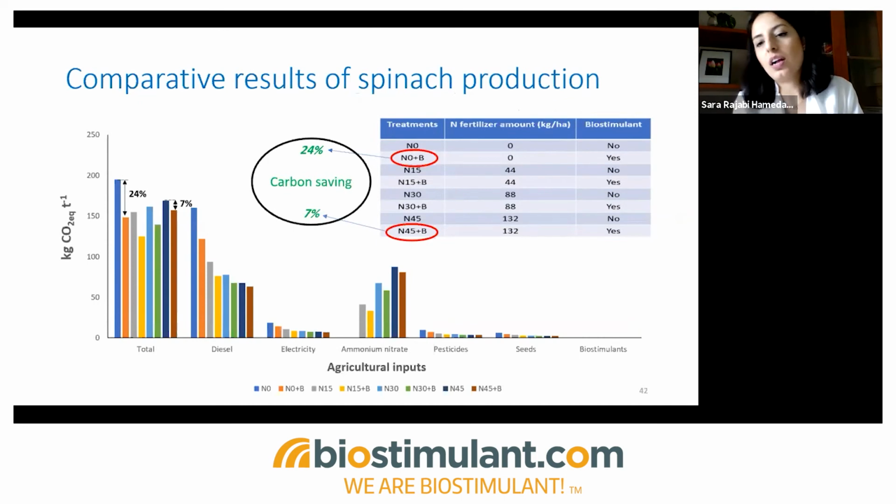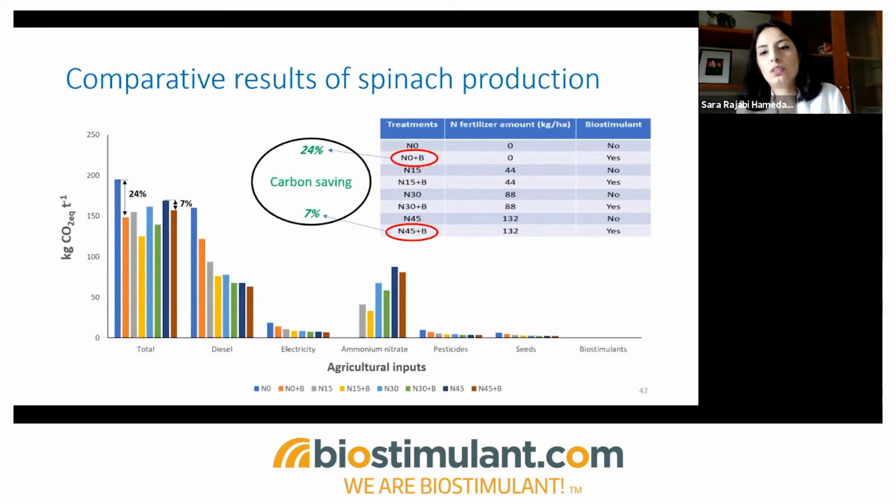The key results of comparative carbon footprint show that the foliar applications of biostimulant lead to a reduction of the total carbon emissions per ton of spinach production compared to the treatments with the same amount of fertilizer but without foliar application of biostimulants.